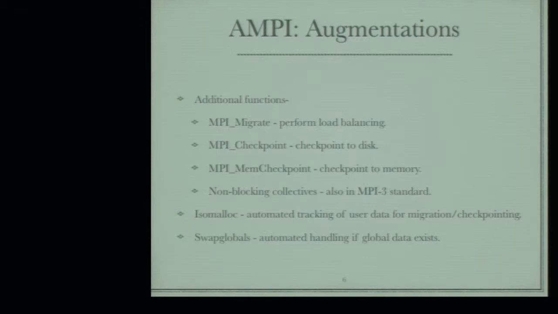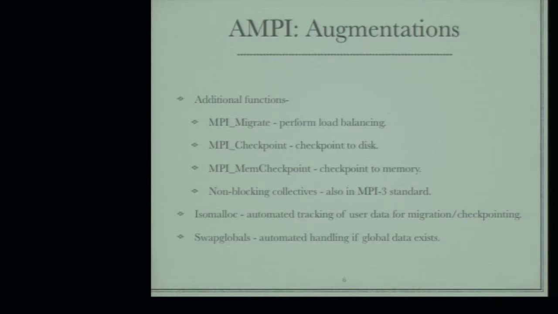However, if some machine doesn't have isomalloc or swap globals, then the approach we suggest is, one, to avoid using global variables, or you can encapsulate your global variables into local variables and pass them along, like a lot of recent MPI code does. And if you don't have isomalloc, then if you're migrating, you also need to pack your ranks.